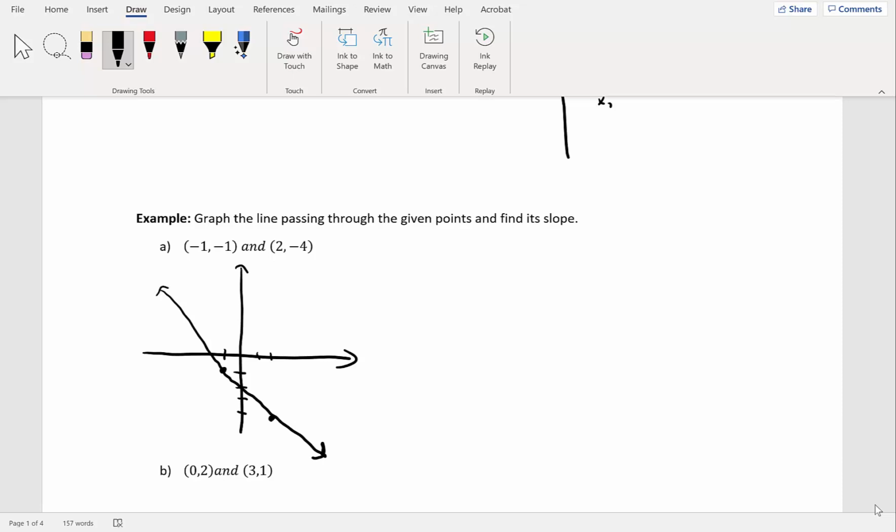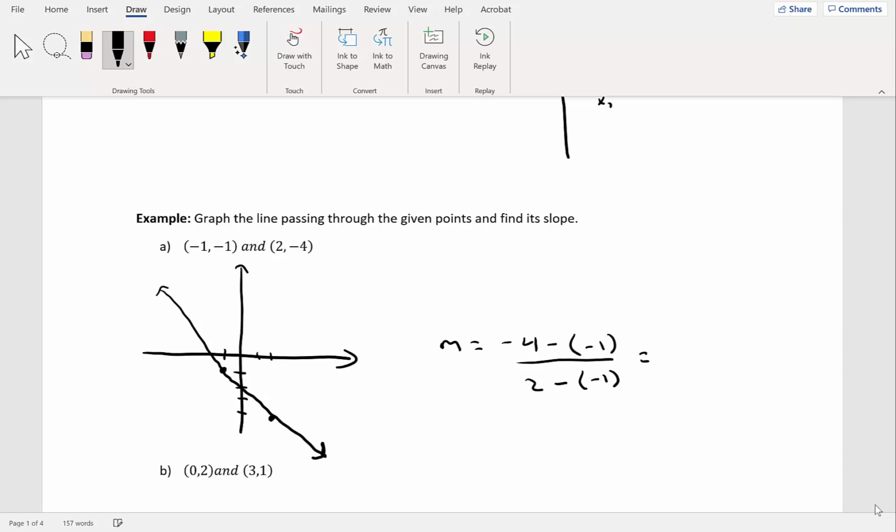So we have our graph, but now we want to figure out what the slope is. So let's use our formula. We have m. M denotes the slope. So we have m is equal to y2 minus y1. So over here our y2 is -4. We have minus y1, which is -1, all over x2 minus x1, so we have 2 minus -1.